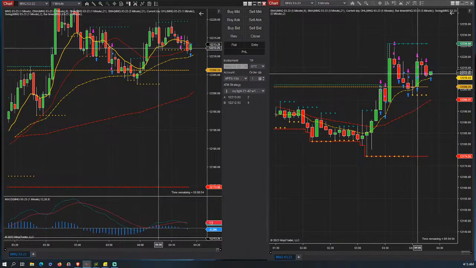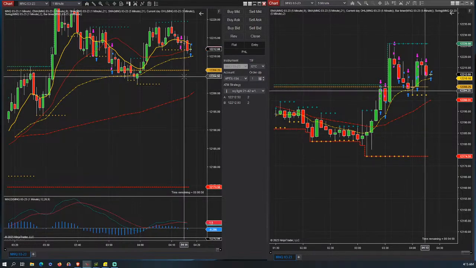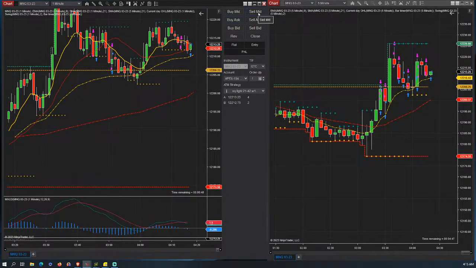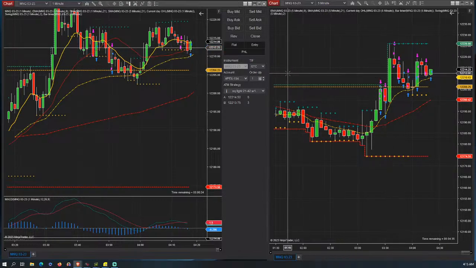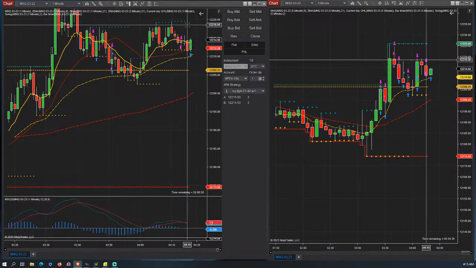Oh, I just messed that one up. Well, it lost like $5, so that was a scratch basically. I'm trying to force the trade, I feel like. Look, it hit the goal line and bounced off of it.